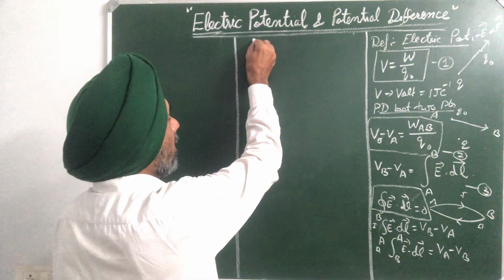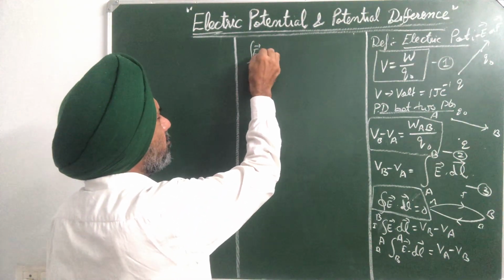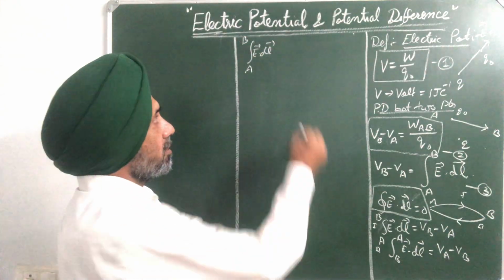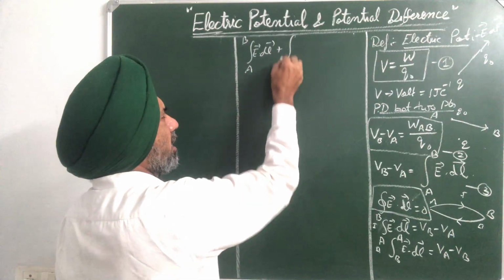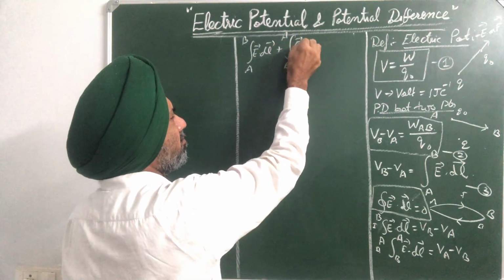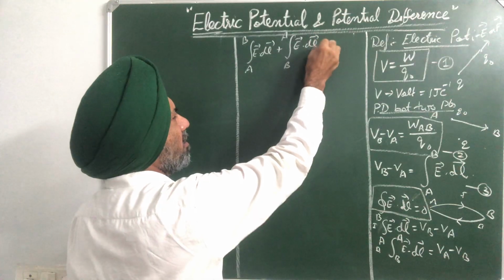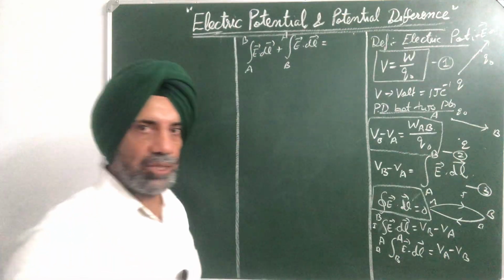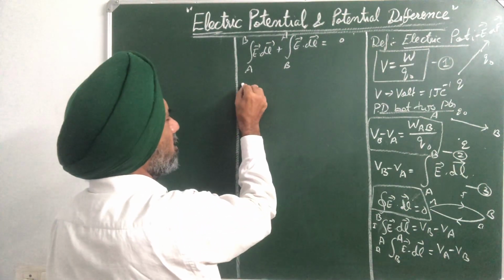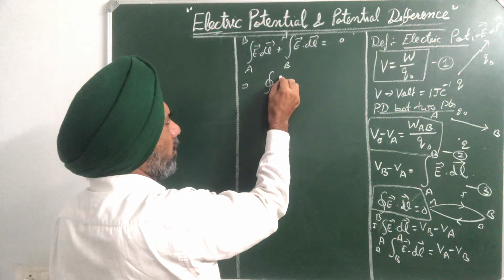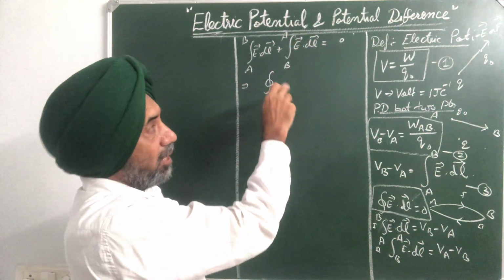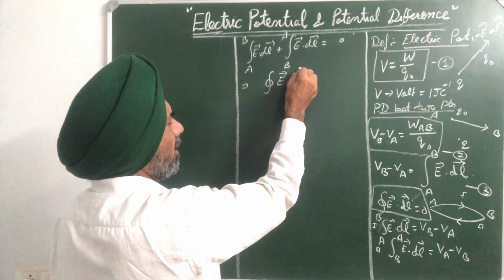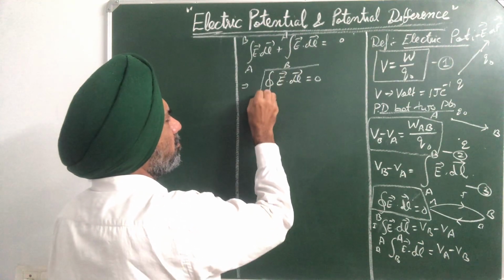And if we add them, the integral from A to B of E dot dl plus the integral from B to A of E dot dl is equal to VB minus VA plus VA minus VB, which is 0. This implies that the closed line integral of E dot dl is always 0.